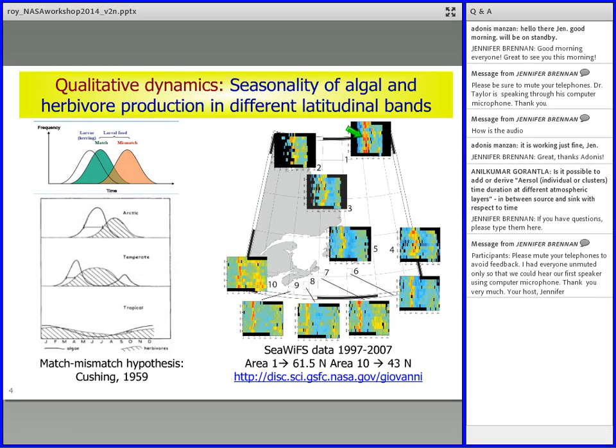The box in the north is around 61.5 degrees, and the south is around 43 degrees. So you see that in the southern box, you can see phytoplankton blooms twice a year, whereas in the box at 61.5, it blooms once a year. This is very similar to what has been observed long before.